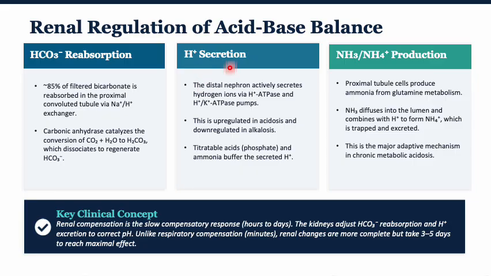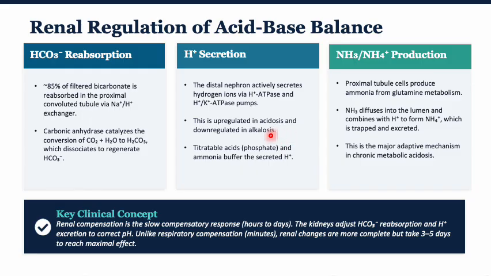Hydrogen secretion. So the distal nephron actively secretes hydrogen ion via the hydrogen ATPase and hydrogen potassium ATPase pumps. This is upregulated in acidosis and downregulated in alkalosis.